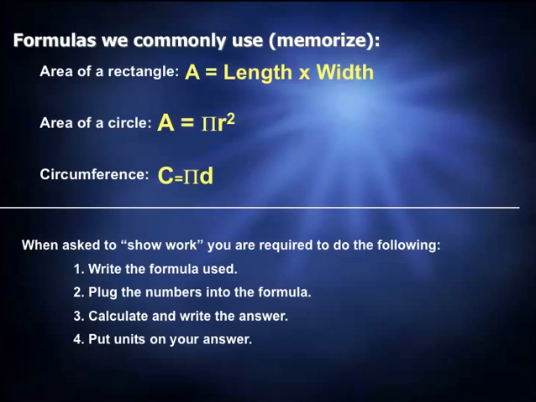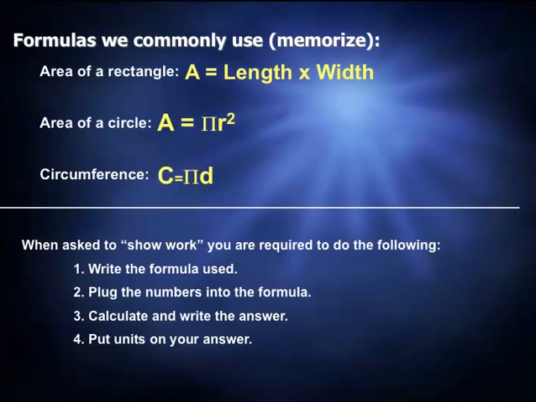So when we are calculating some of these problems, whether it's area or later on density and volume and so on, there are certain steps that we want you to follow. When you're solving a problem, the first step is you write out the formula that you're going to use.